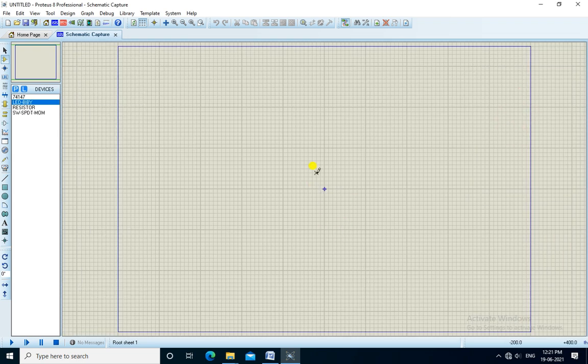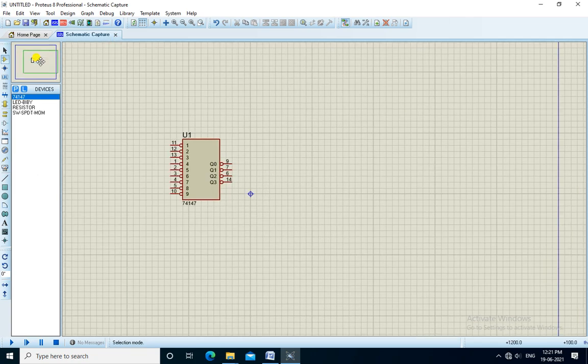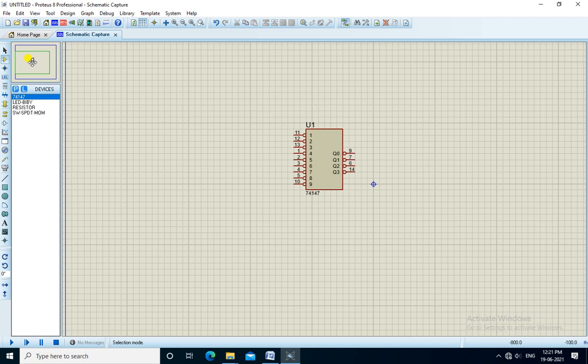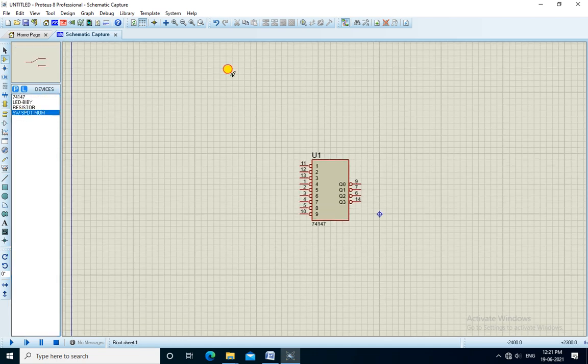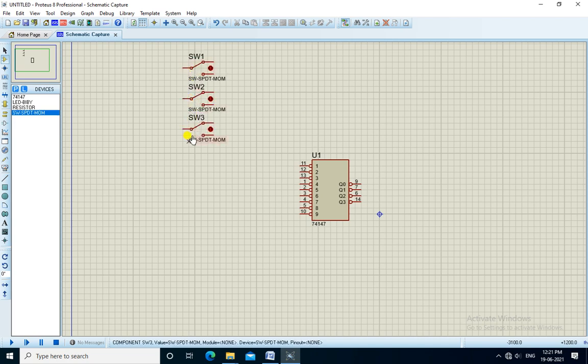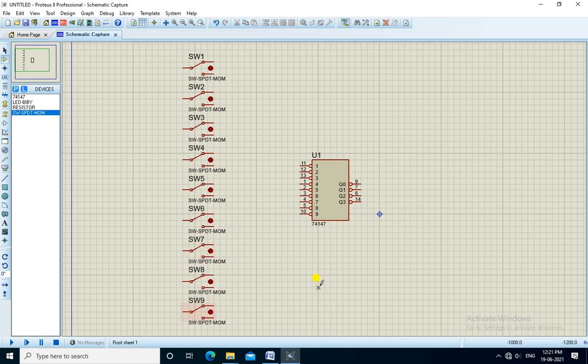Okay, now we place all the components. We start from the encoder IC 74147. Now we place the switches. 1, 2, 3, 4, 5, 6, 7, 8, 9.